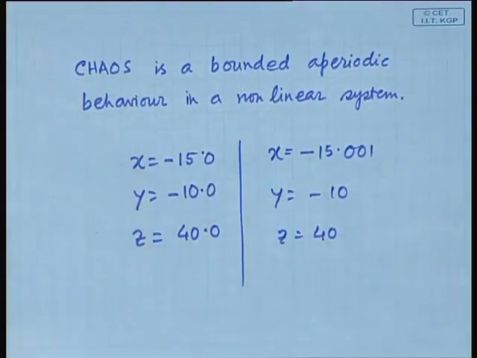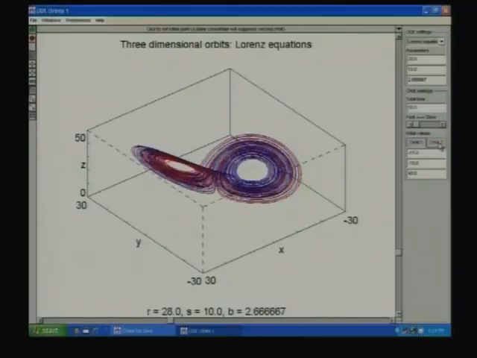So, this is orbit 1, minus 15, minus 10, no? Okay, I will put minus 15.001, a very tiny difference, minus 10, 40. Okay, now, if I start, I will make it slow.